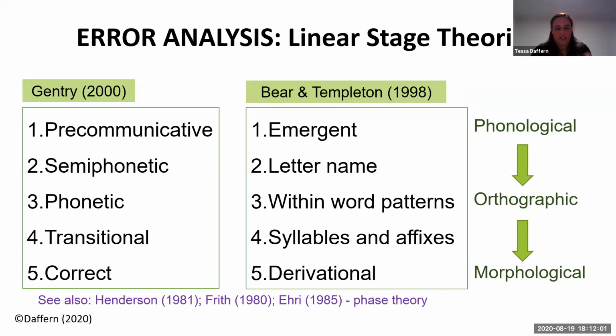And broadly speaking, they seem to imply that children need to be able to master phonological skills before they are developmentally ready to proceed to learning orthographic, or what some researchers describe as orthotactic knowledge. And then eventually they are developmentally ready to learn about morphology. And so from this linear perspective, spelling difficulties are essentially viewed as an inability to move on to the next stage.